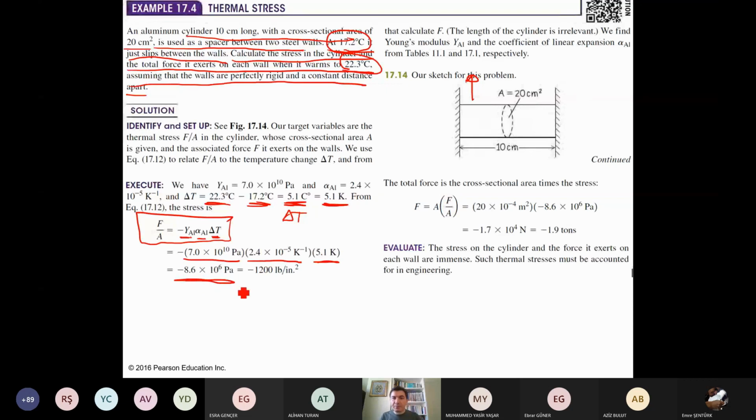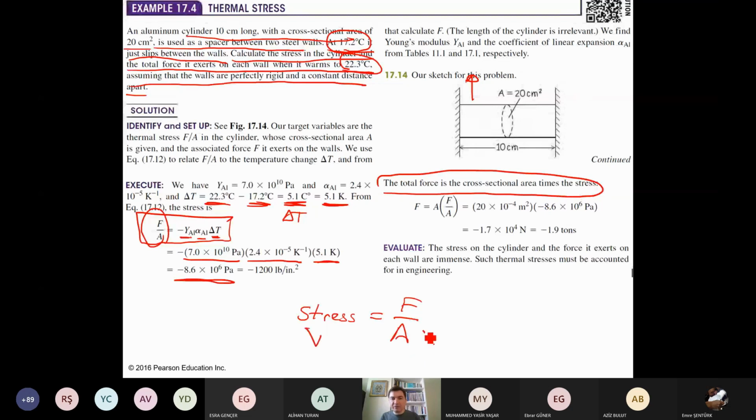Okay, so what about the force? The total force is the cross-sectional area times the stress. So we have calculated the stress, which is given by force per area, and I know the cross-sectional area, then I can calculate the force.